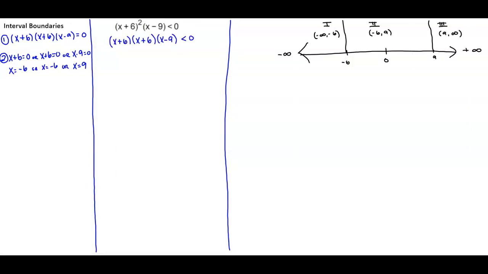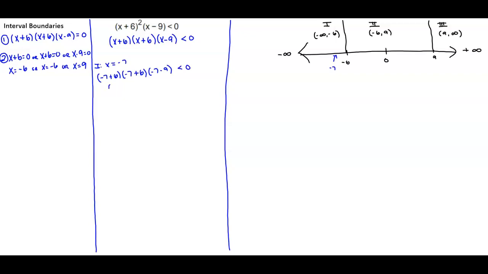Now we're going to test these regions. For region number 1, we're going to pick a value in there. We're going to pick negative 7. So x equals negative 7. Now we plug it into the inequality: negative 7 plus 6 times negative 7 plus 6 times negative 7 minus 9. We want to see if that's less than 0.